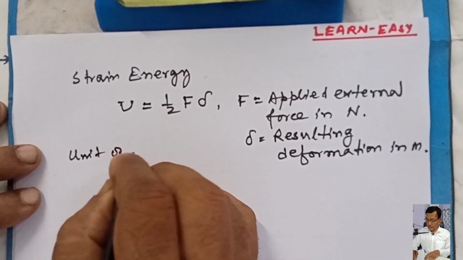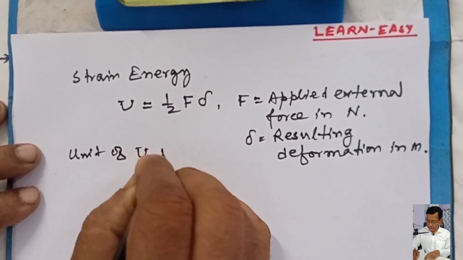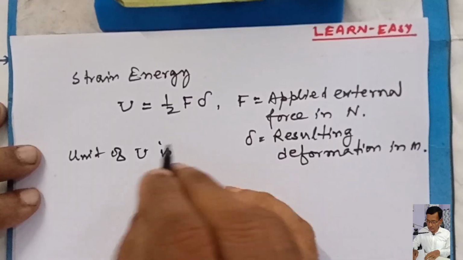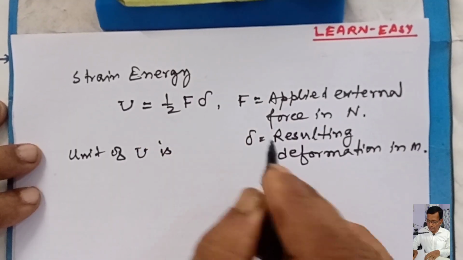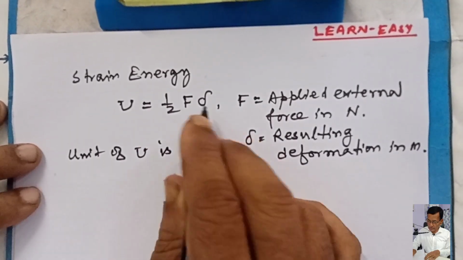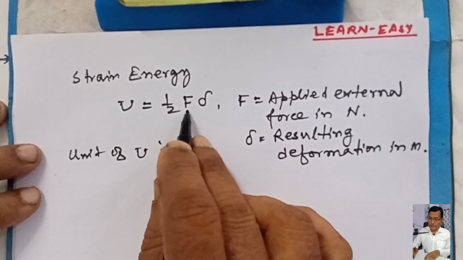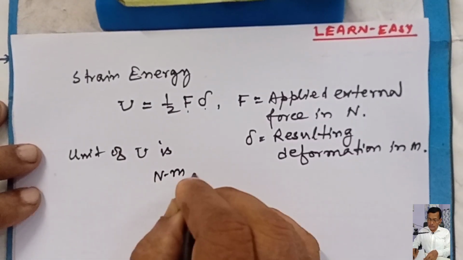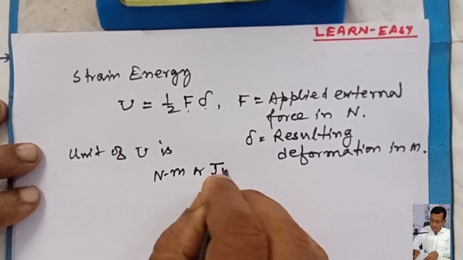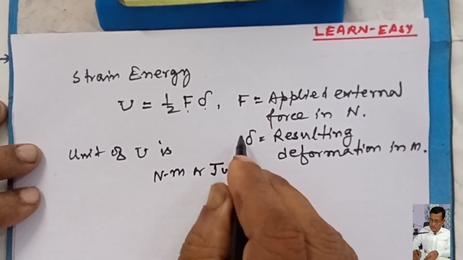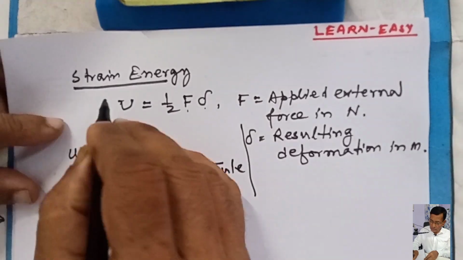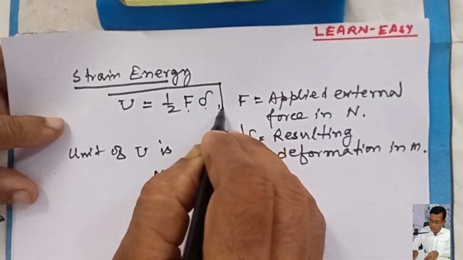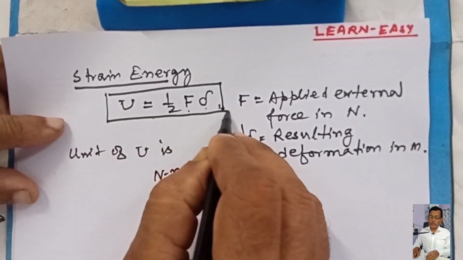Unit of U is Newton meter or joule. This is the general formula of strain energy.